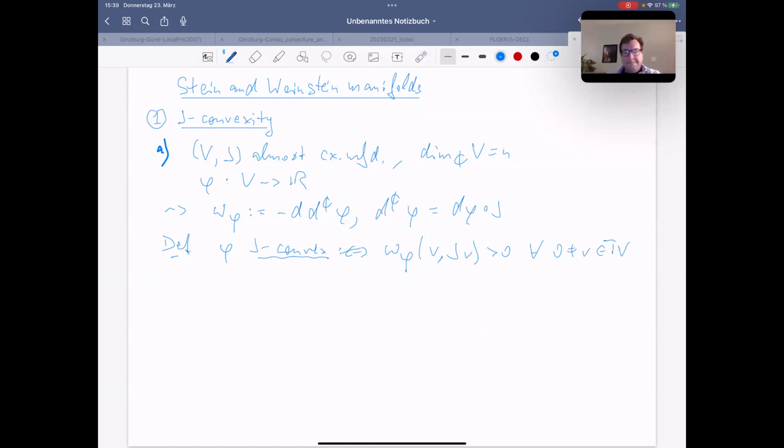This is the same as saying this condition holds on the tangent space. I could also say it as follows: if I take any local complex curve C through any point, and I restrict my function phi to this complex curve, then this is also J convex.